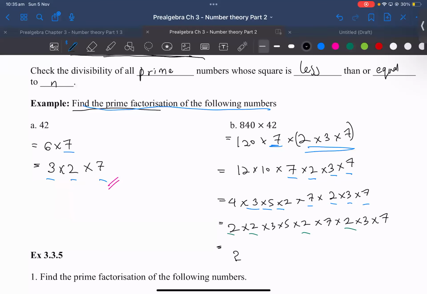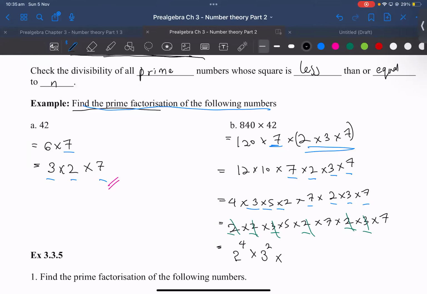And then how many 3s do we have? 2. So 3 to the power of 2.